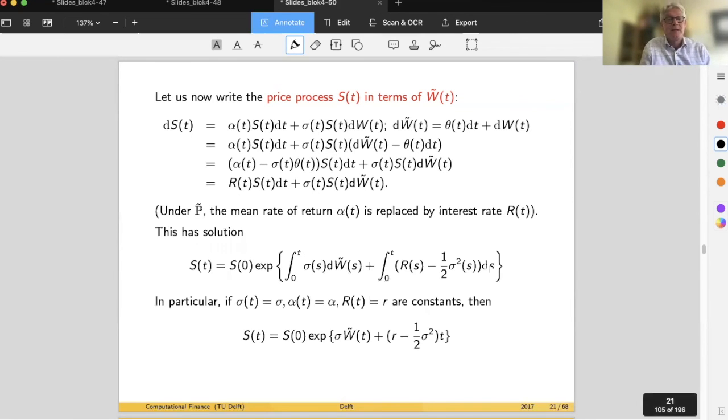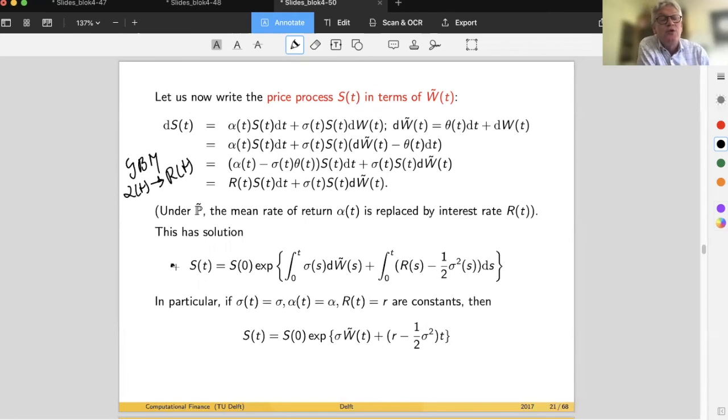So under P tilde, the mean rate of return alpha does not appear anymore. It is replaced by an interest rate process, by the interest rate R_t. And then we recognize a geometric Brownian motion, where alpha is replaced by R_t. And we know the solution for that one.